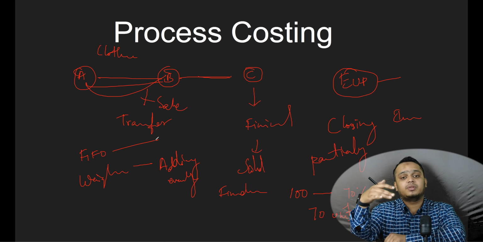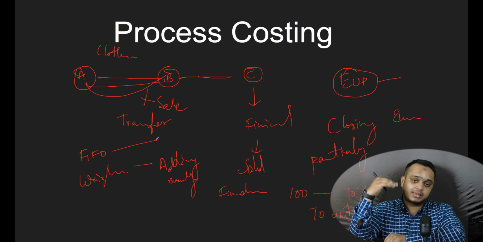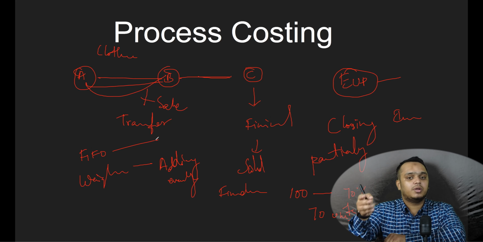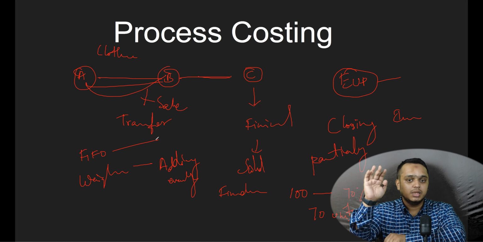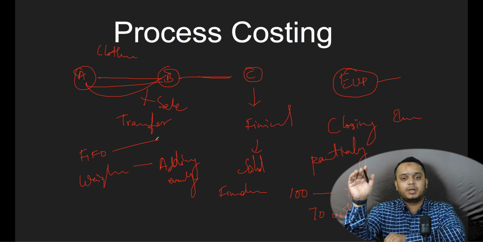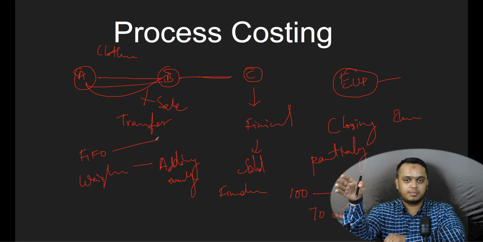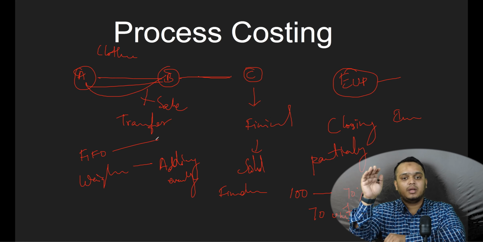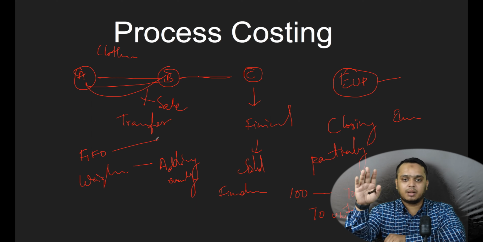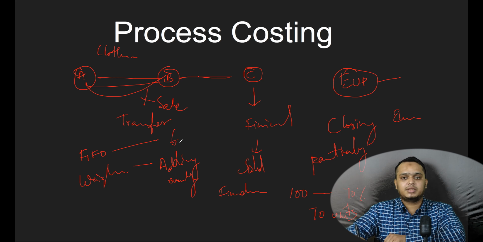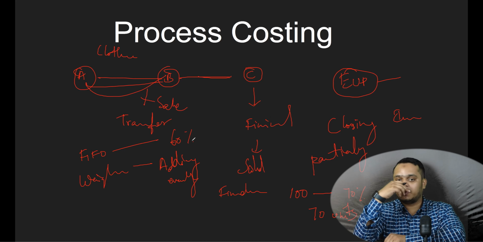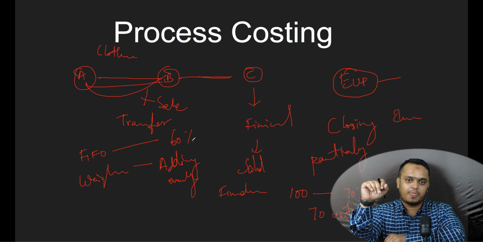And then suppose the products are added at the start of the production only, how are you going to account for it? Under FIFO, if there is an ending inventory carried forward as the beginning inventory, and it is already 40% complete in the previous year, you will account for this particular year as 60%.